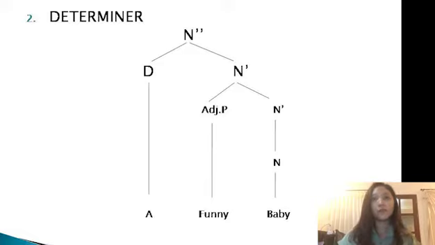The adjective phrase is funny, and the N bar branches into N, which is baby. So the determiner in the sentence is a, the adjective phrase is funny, and the noun in the sentence is baby.